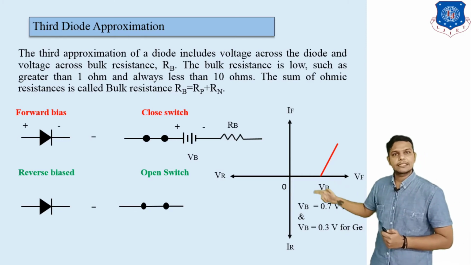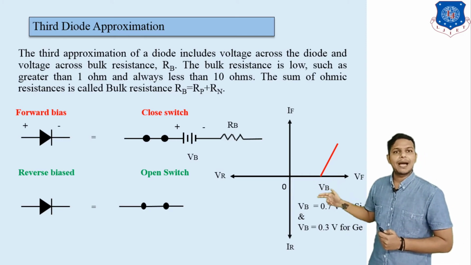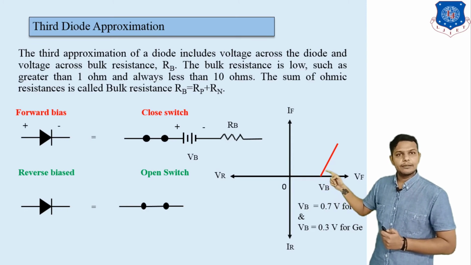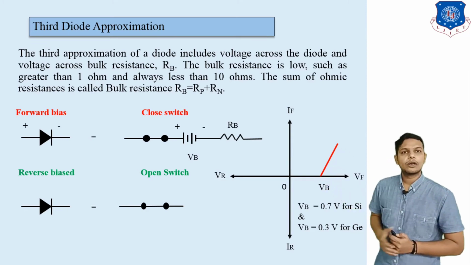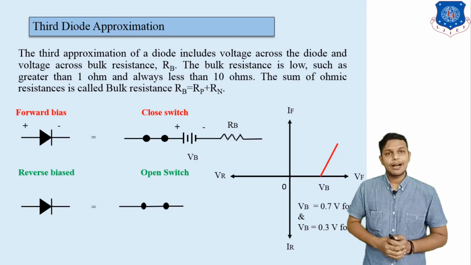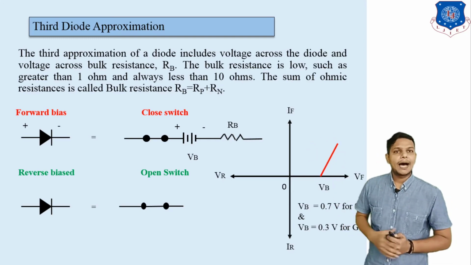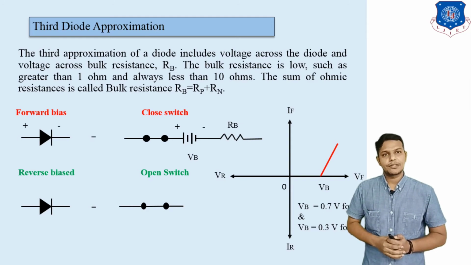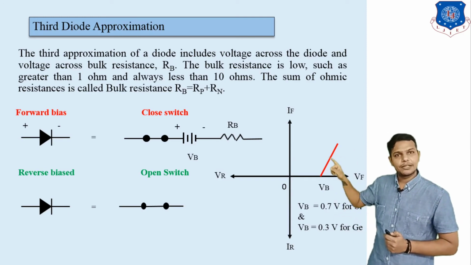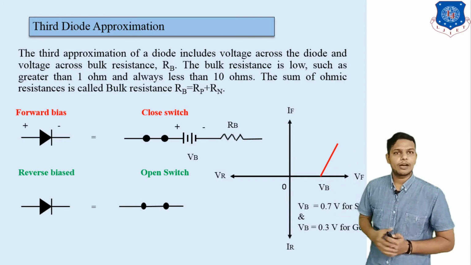So here we can see this is the VB, the biasing voltage. Here your graph will start like this in a linear manner. Why is it linear? Because here we are adding RB, the bulk resistance. Basically R is equal to V by I. So due to this reason, we see this type of graph.